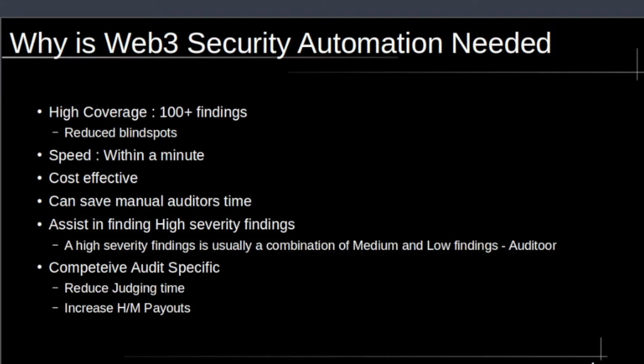I don't know what the protocol was exactly, and I don't know why it had so many contract files, but because Lightchaser is a fully automated tool, it was able to scan for 900 plus different findings over the entire code base. And it only took 20 minutes to generate the report. That's not something you can say for manual auditing. If you were to audit a protocol of that size manually, it would take you a lot longer than 20 minutes.